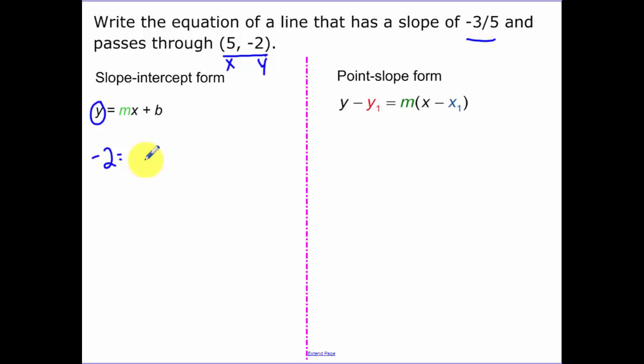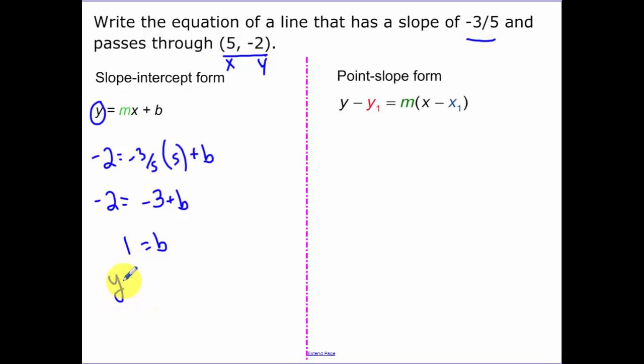My slope is negative 3/5. My x is 5. So when I multiply those together, the 5's cancel, and when I add the 3 over, we get a 1.